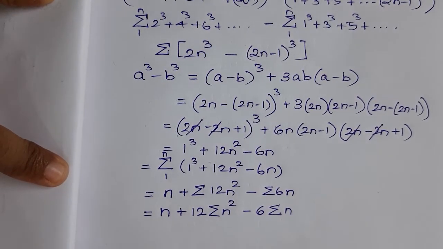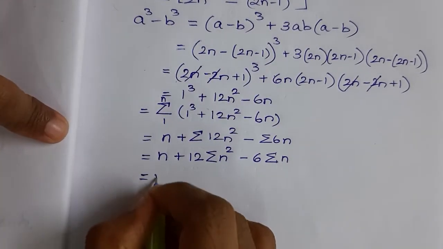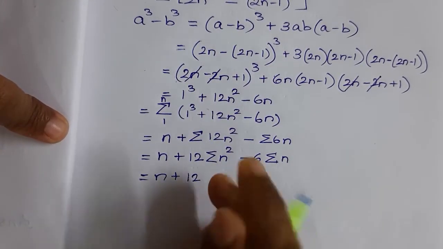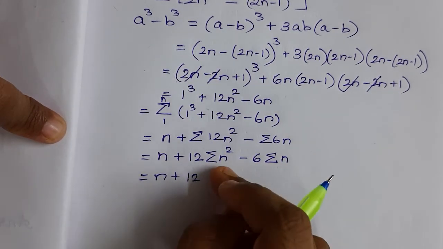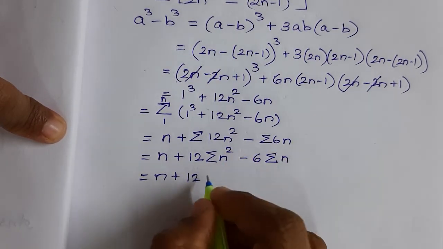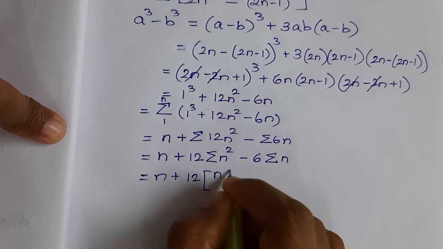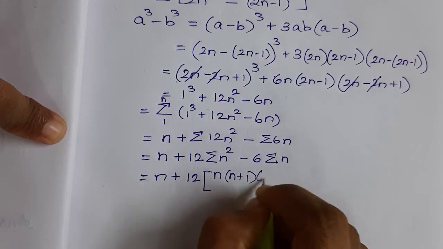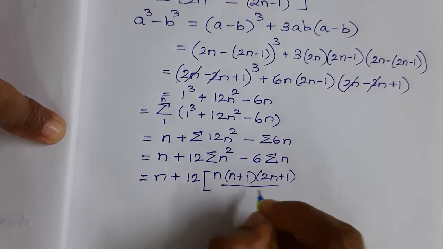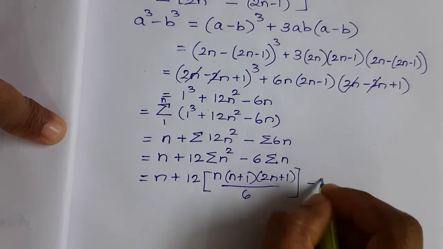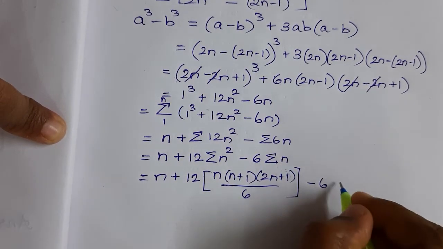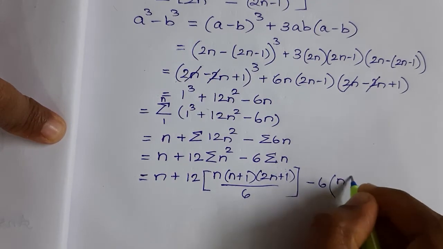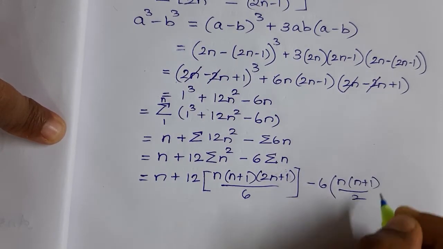So here n plus 12 into this summation of n squared, which is nothing but the sum of squares of natural numbers. So we have to now apply the formula which you have learned for square numbers, which is n into (n plus 1) into (2n plus 1) divided by 6, minus 6 into summation of n, which means sum of n natural numbers, and the formula we know to be n into (n plus 1) by 2.